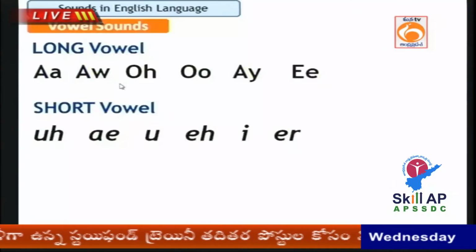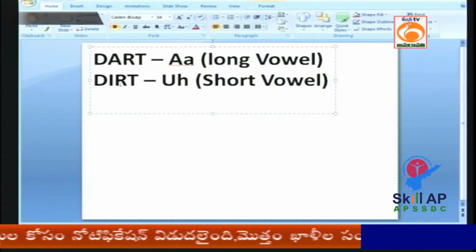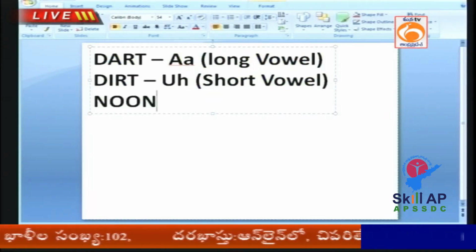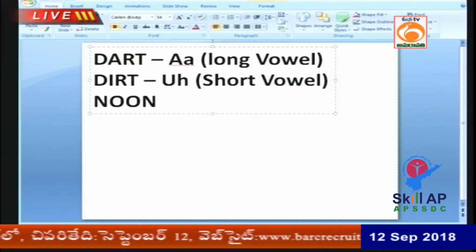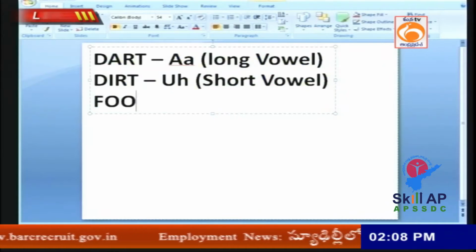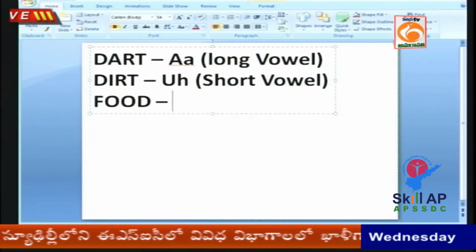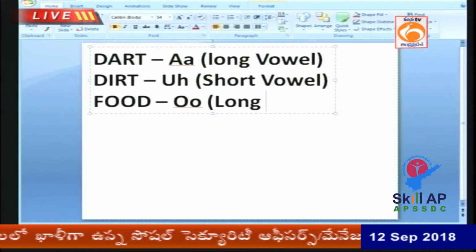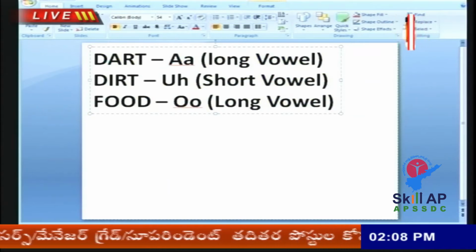Okay. Then we have the u sound, for example, or let me take another word. Now food is the long vowel sound, oo. Food. I want to eat some food.